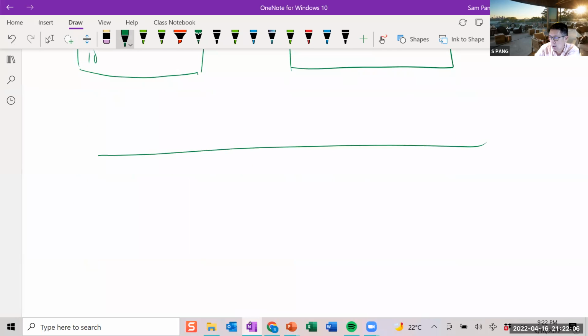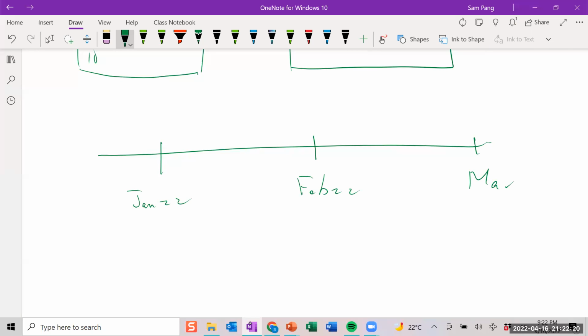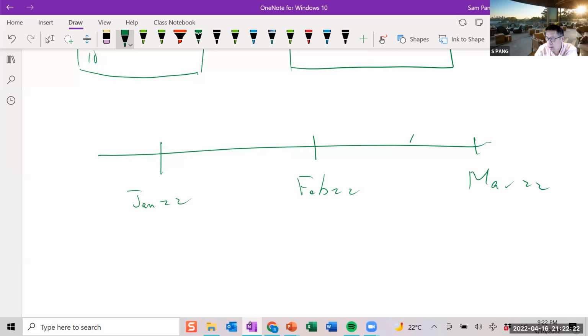Okay, I'm going to draw the timeline again. So January 22nd, there is another futures contract, Feb 22nd, another futures contract, March 22nd, and somewhere in the middle, there is a dividend payment date, dividend payment for SocGen, and no other company is scheduled to pay a dividend between February and March.